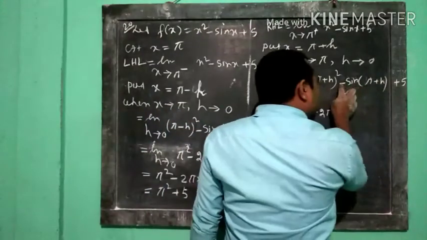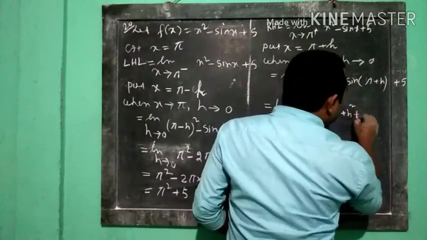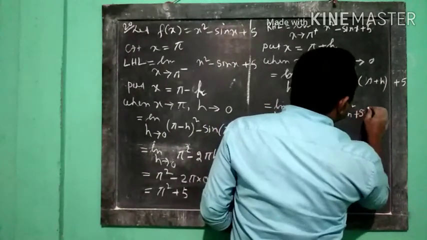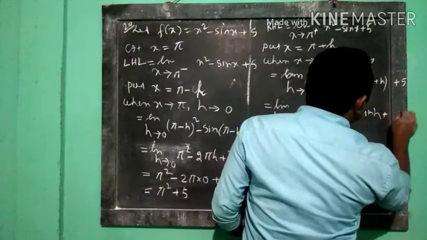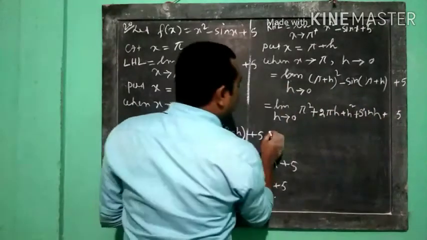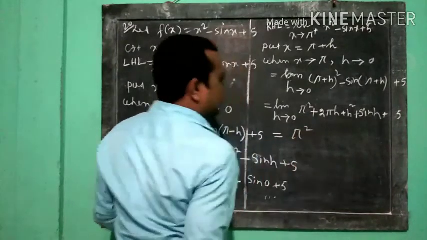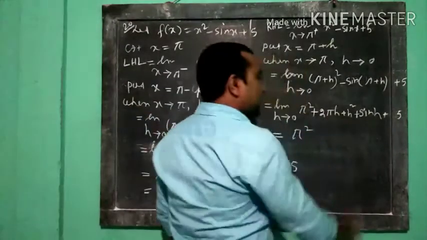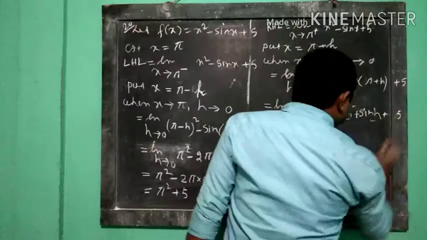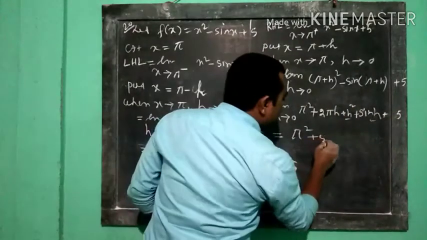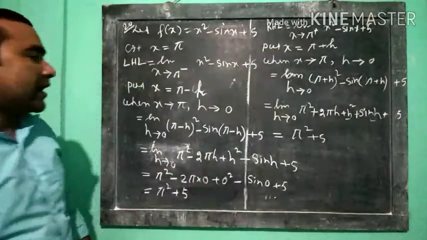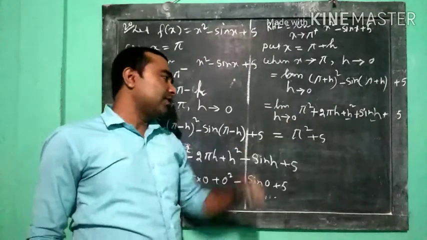So here also negative, so minus times negative is plus, and we get sin h plus 5. If we put the value of h, we get pi square, and the other terms are 0, plus 5. The right hand limit is pi square plus 5.